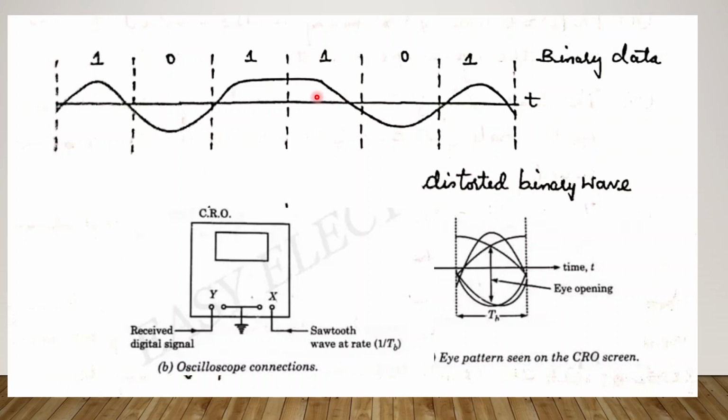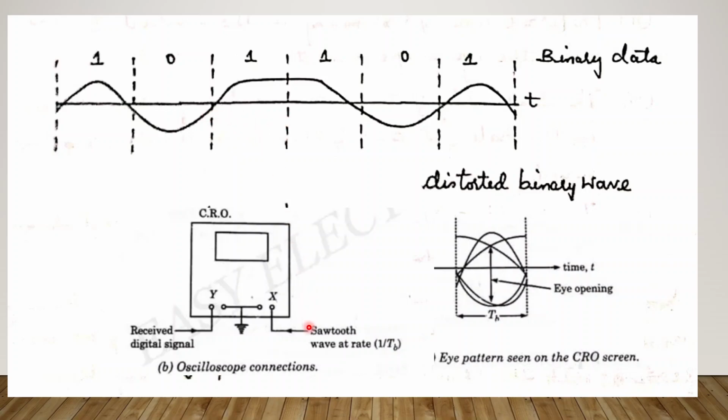Now, let us consider this is the distorted received incoming signal. If we connect that incoming signal to the CRO point Y, that is the vertical deflection plates, and for the horizontal deflection plates a sawtooth waveform at the rate 1 by TB, where TB is the bit duration of the incoming signal.